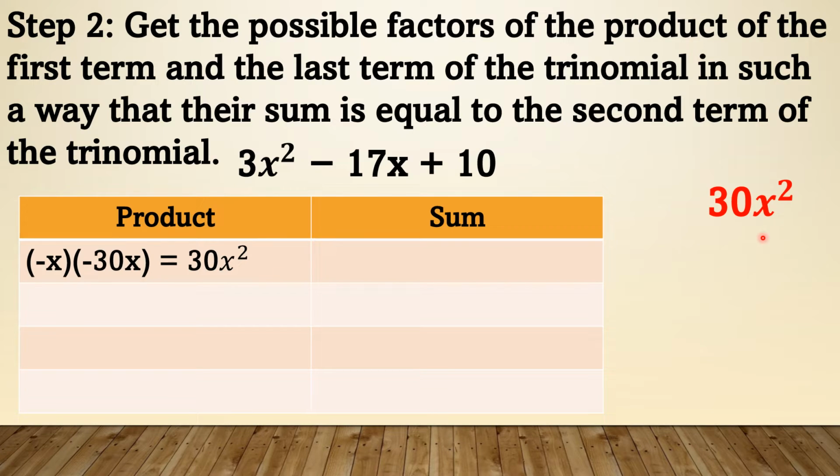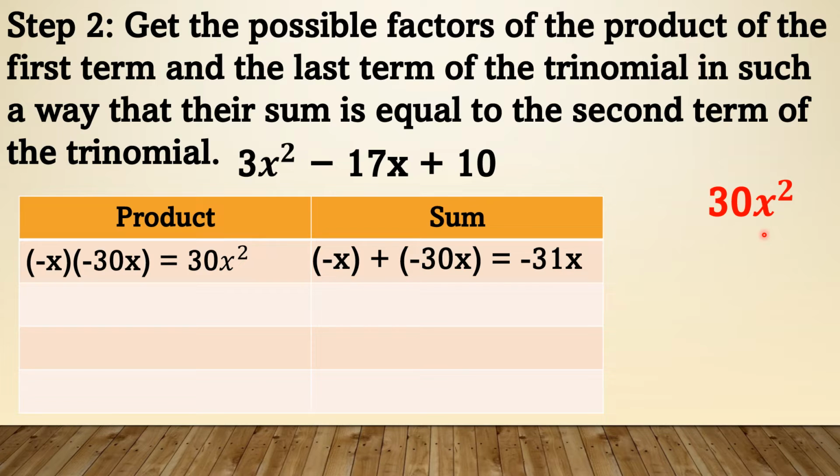Possible factors of 30x squared are quantity of negative x times quantity of negative 30x. Because multiplying like signs, the result is positive, so we have 30x squared. If we are going to add negative x and negative 30x, that will give us negative 31x.